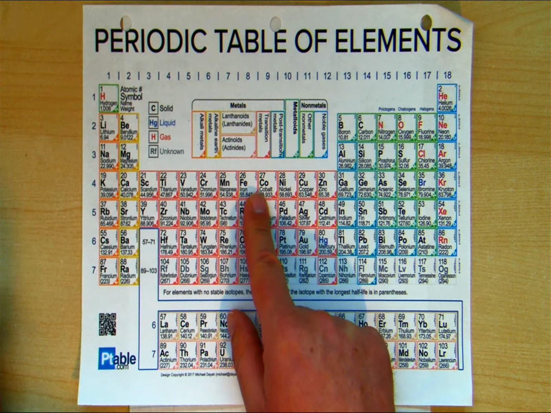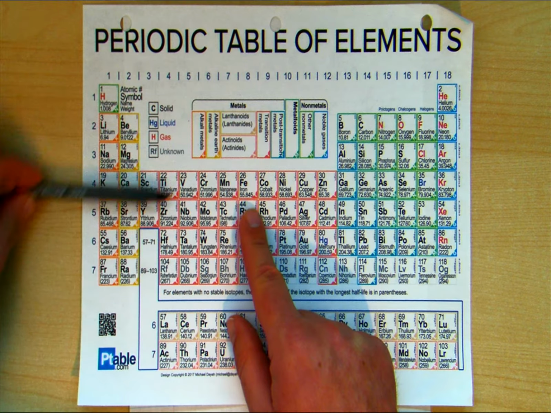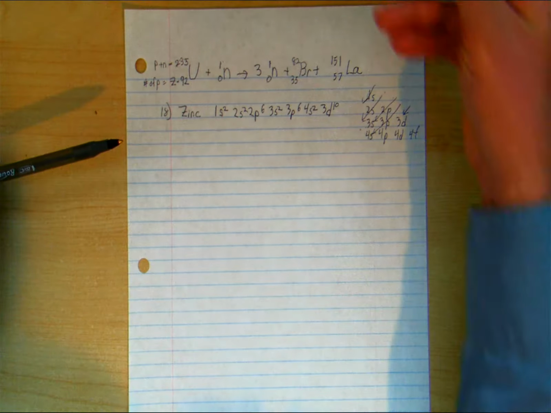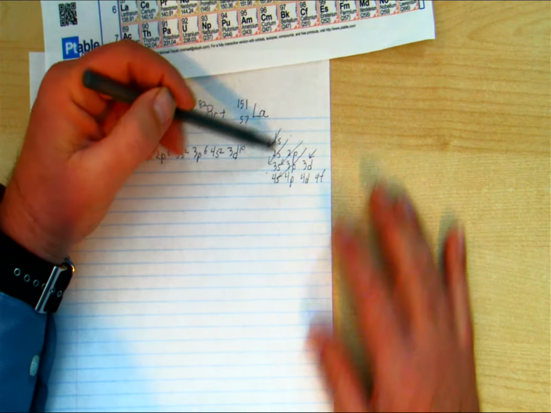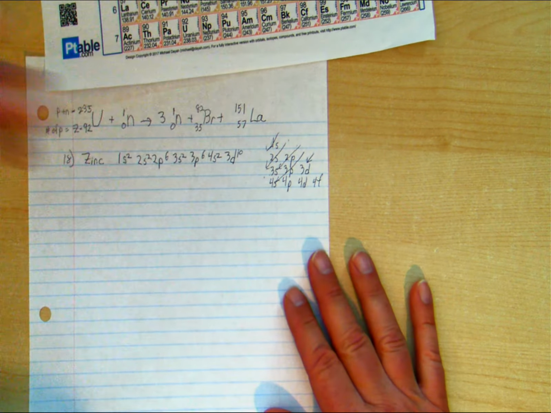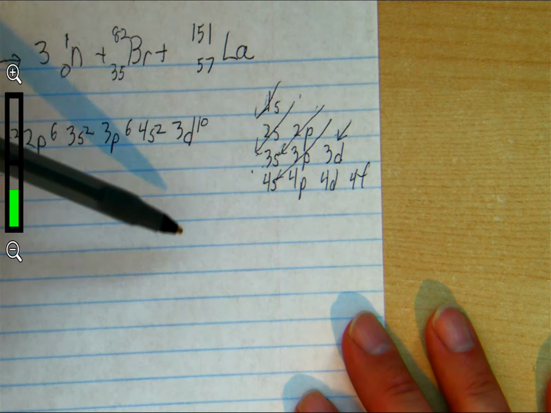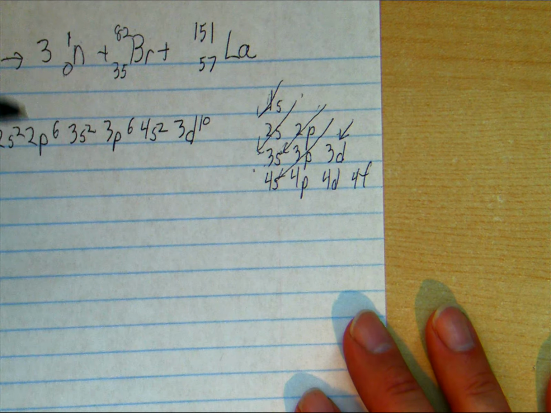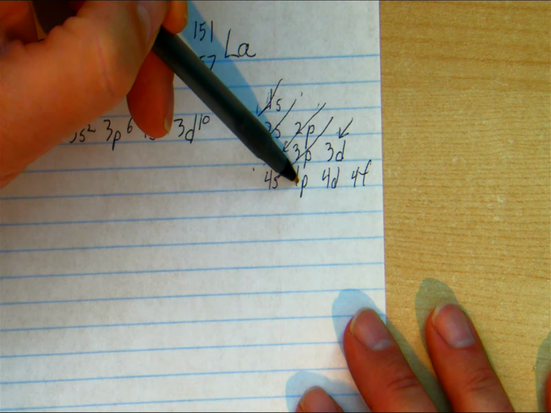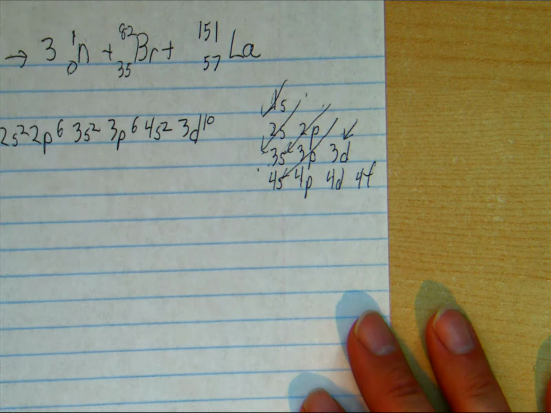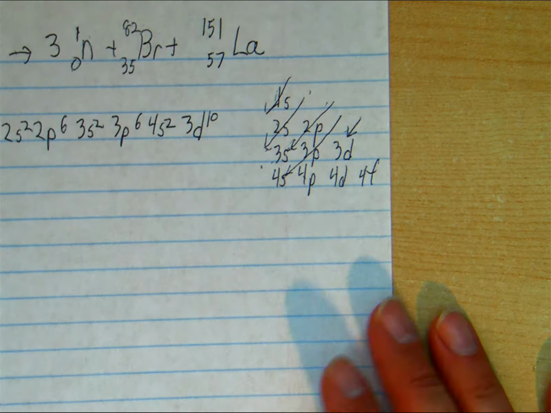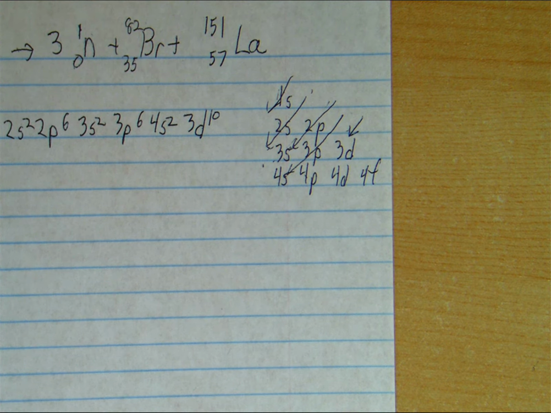This is called 3, not 4, even though it's on period 4. That's because of this strange Aufbau principle that says the 3d subshell is lower in energy than the 4p subshell. So it goes next. And it's higher in energy, I guess, than the 4s subshell. So there you go.